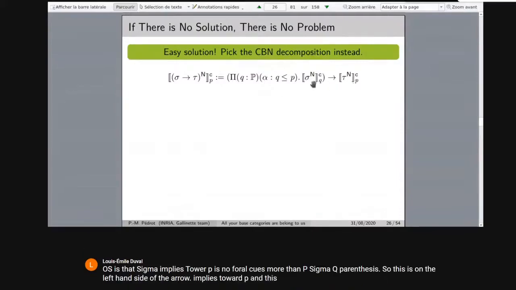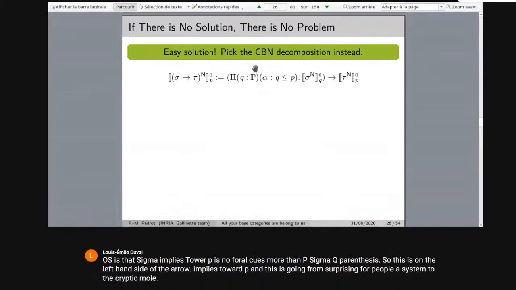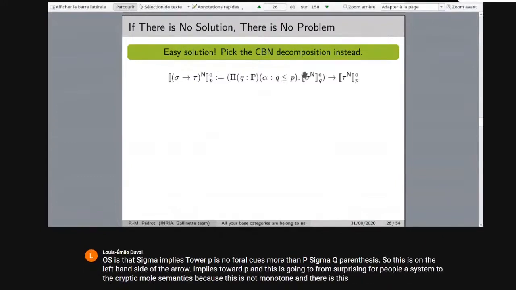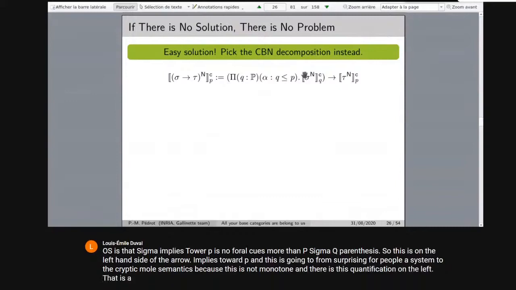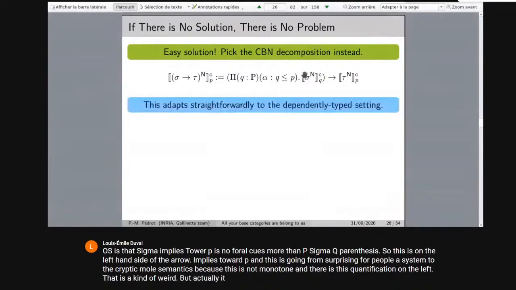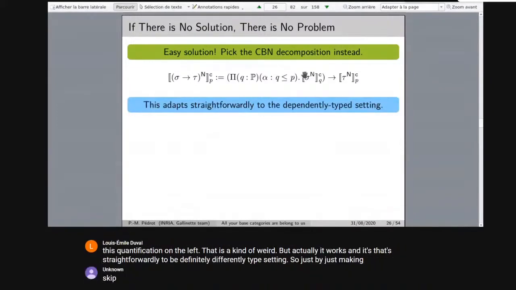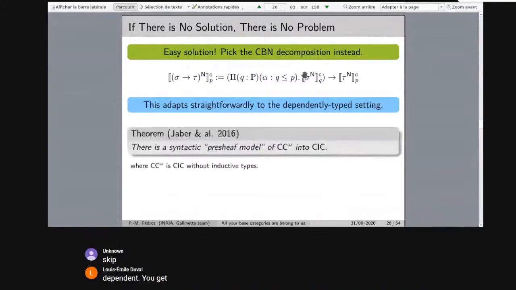And this is kind of surprising for people accustomed to the Kripke model semantics, because this is not monotonic at all, and there is this quantification on the left that is kind of weird. But actually it works, and it adapts straightforwardly to the dependent type setting. So by just making this dependent, you get for free a presheaf model of CC omega into Coq, essentially.